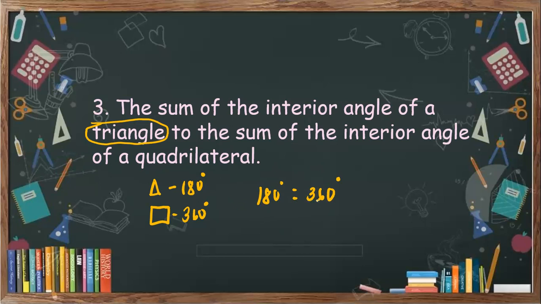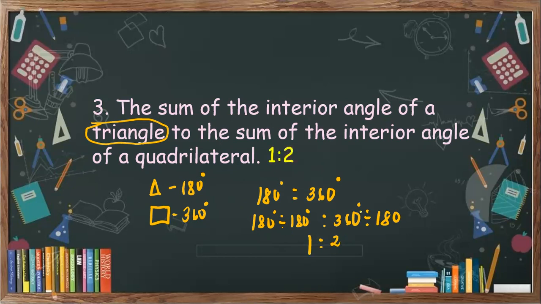As you can see, 180 and 360 are both divisible by 180. So we can divide 180 by itself, then 360 by 180. So we have 1 and 2.